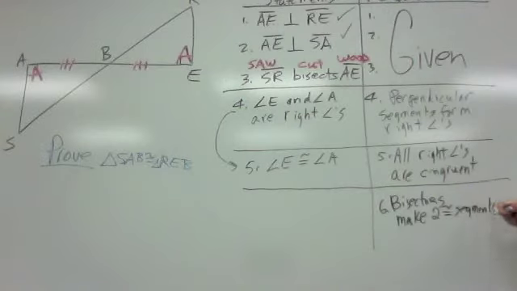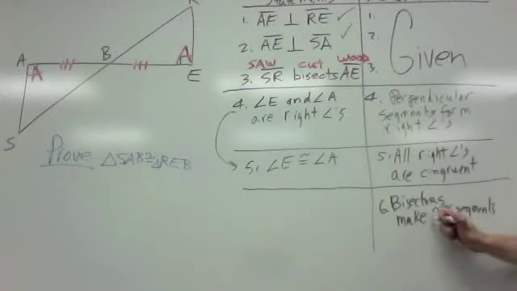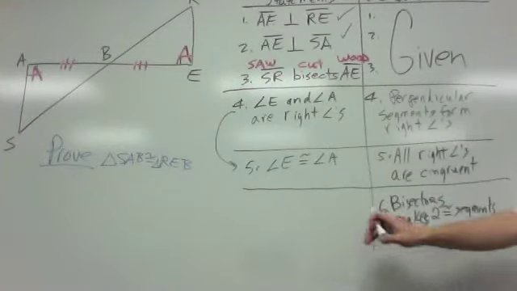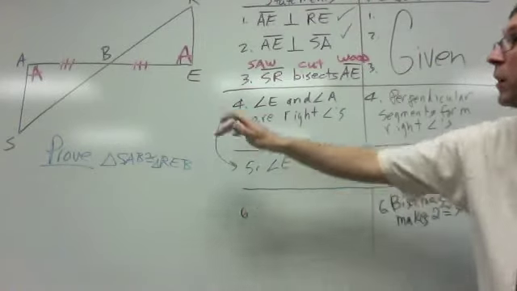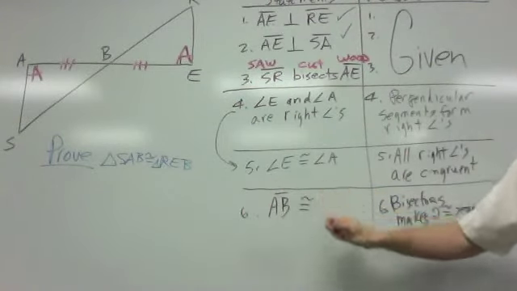You could write the definition of a segment bisector. You could say a bisector cuts a segment in half. I like this one. A bisector makes two congruent segments. So that's in general what's happening. In the picture, it means for us that AB is exactly the same as EB.